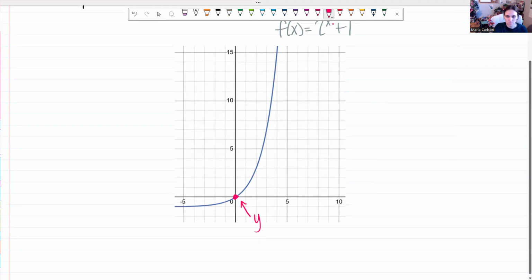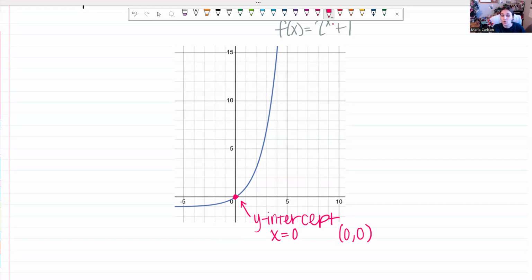Now, the first key feature I want to talk about is the y-intercept. The y-intercept is where we cross the y-axis, where x is 0, and this is the point 0, 0.